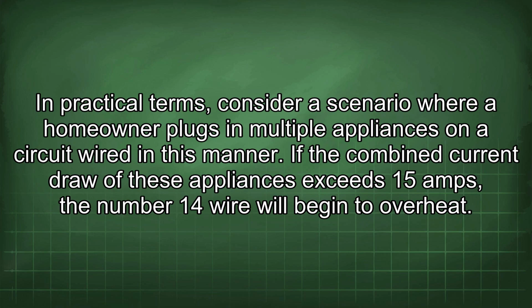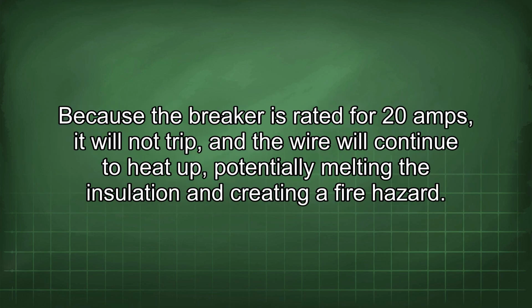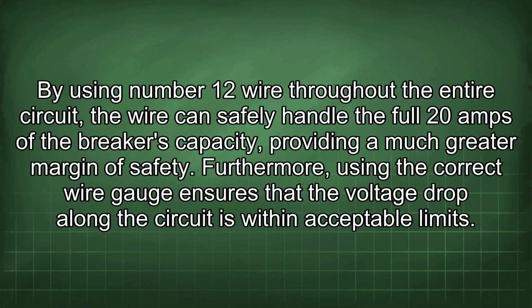If the combined current draw of these appliances exceeds 15 amps, the number 14 wire will begin to overheat. Because the breaker is rated for 20 amps, it will not trip, and the wire will continue to heat up, potentially melting the insulation and creating a fire hazard. By using number 12 wire throughout the entire circuit, the wire can safely handle the full 20 amps of the breaker's capacity, providing a much greater margin of safety.